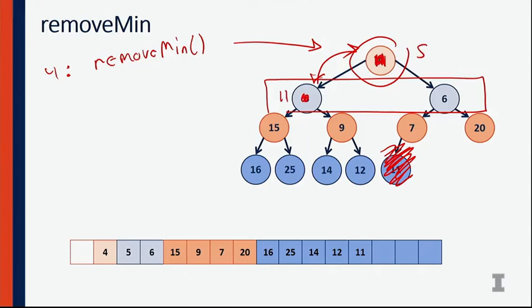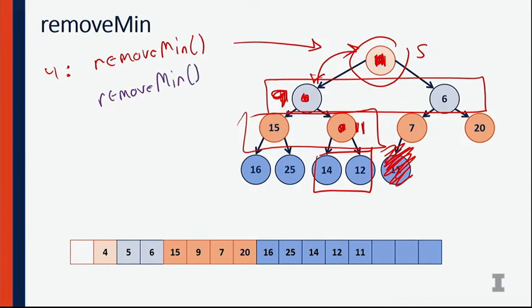Here we can then compare against the next level, 11 versus 9. 9 is smaller. We need to bring 9 up and bring 11 down. Here, 11 is smaller than both 14 and 12. Therefore, 11 has found its proper spot, and we've maintained the heap property. Let's do one more example here on this slide to understand exactly how this works. So going through a second example, we're going to remove min again.